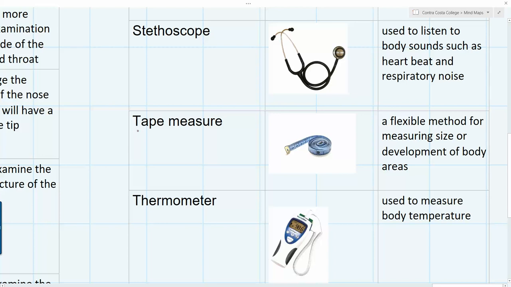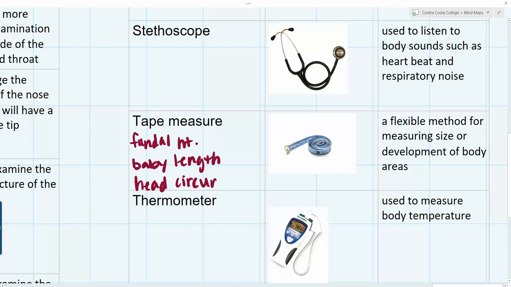So they measure fundal height, which is how big a mom's belly is while she's pregnant, and baby length after the baby's born at well baby checkups, and head circumference at well baby checkups. We have to measure those. All of those are things that we use measuring tapes for, so it's important to know how to read them.